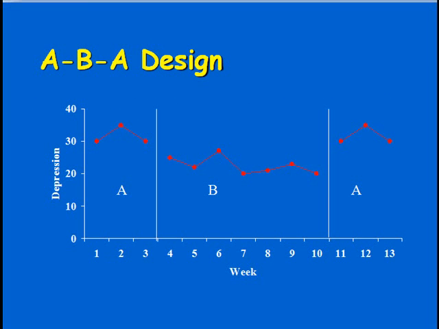Let's say this example is you're dealing with somebody with depression problems, and you have them on an exercise program. And in order to determine whether that exercise program was responsible, you have them quit exercising in weeks 11 through 13. And what you see here is that when you have them quit participating in the intervention, the exercise, the problem reoccurs.